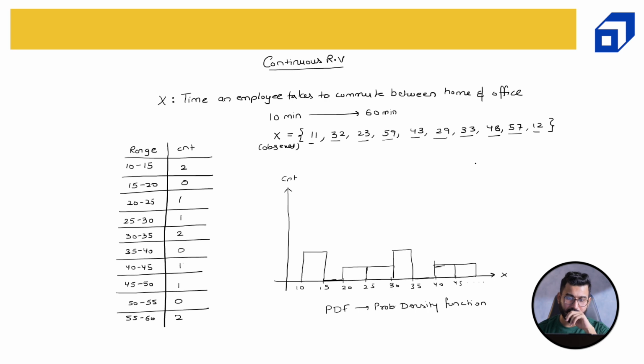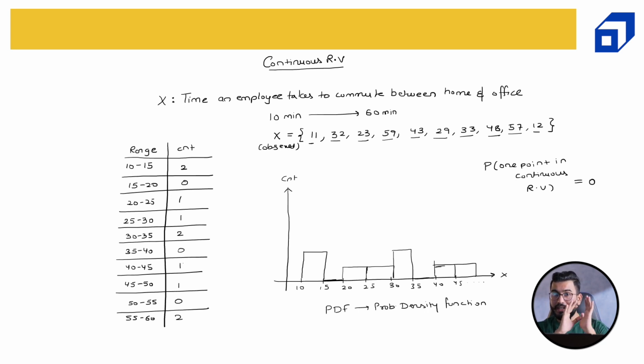And please remember, the probability of a one point in a continuous distribution or continuous random variable is always equal to 0. If I ask you what is the probability that a person will take 10 minutes, that would be 0.